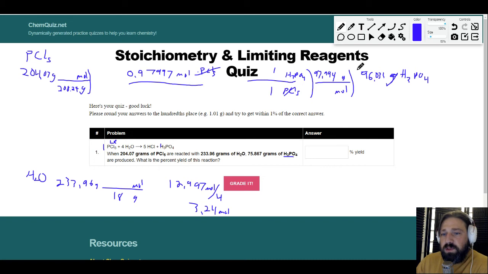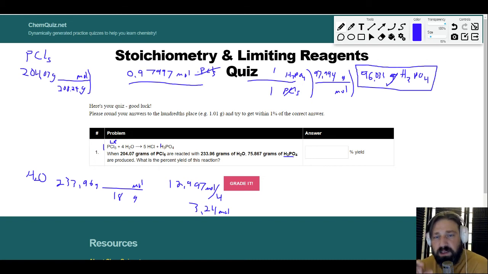So this is what's called a theoretical yield. If everything goes perfect, if the world is all sunshine and rainbows, then we should get exactly 96.031 grams of phosphoric acid.